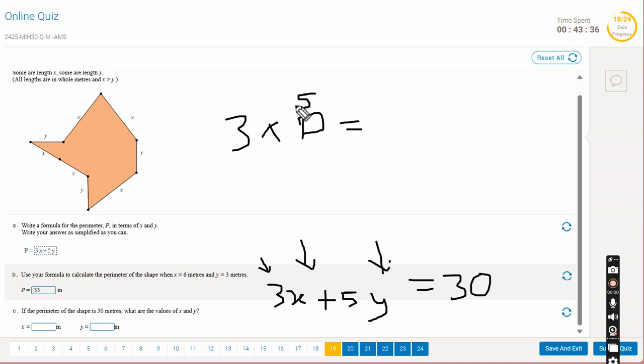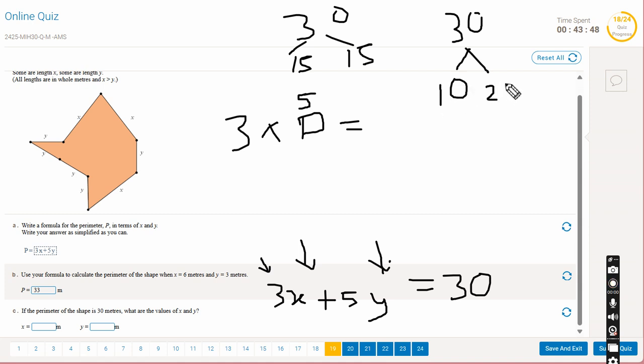What we can do here is think, what is 30? 15 plus 15, right? Or 30 is 10 and 20, right? Or 30, you can do it in other ways, 28 and 2. Now we know that 10 and 20 are in the multiplication of 5, but you can't find them in 3, so we cannot choose this one. 28 and 2, you cannot find them in 3 nor in 5.